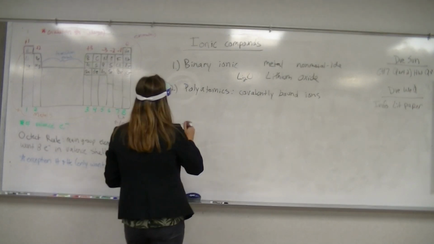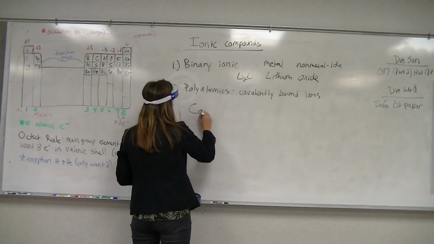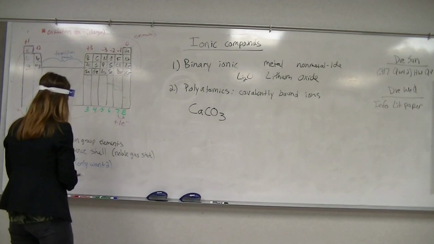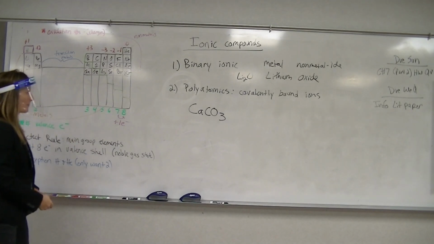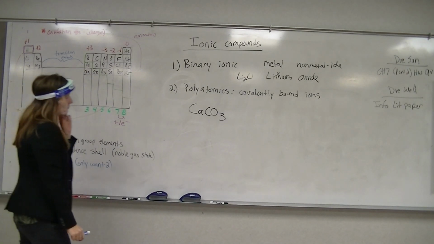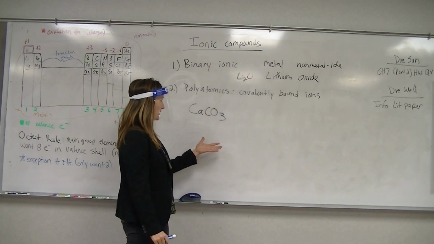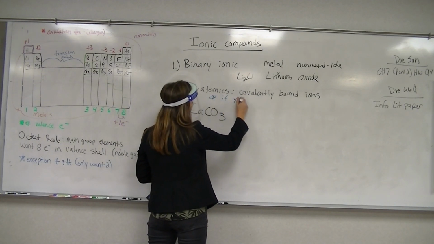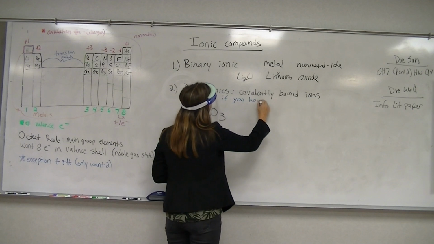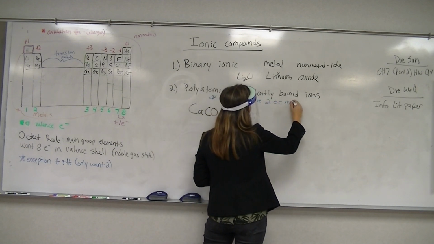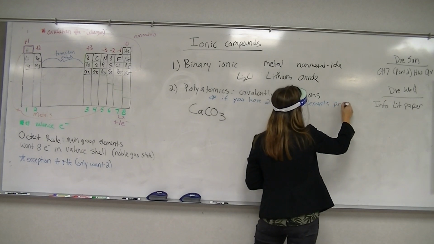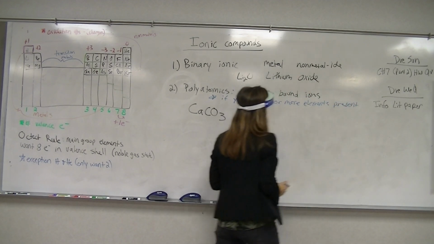So let's start with an example. If I had CaCO3. So how would you know a polyatomic's in there? Well, the key is if you have 2 or more elements present, that's what tells you it's a polyatomic.